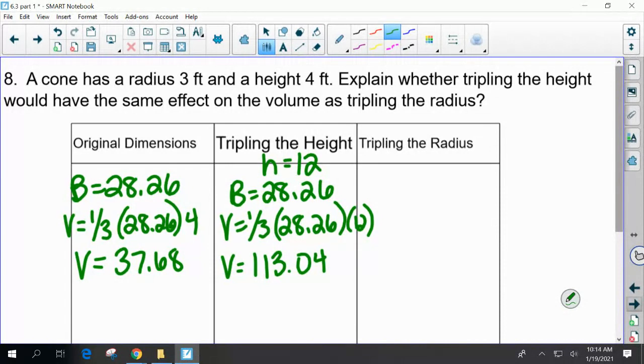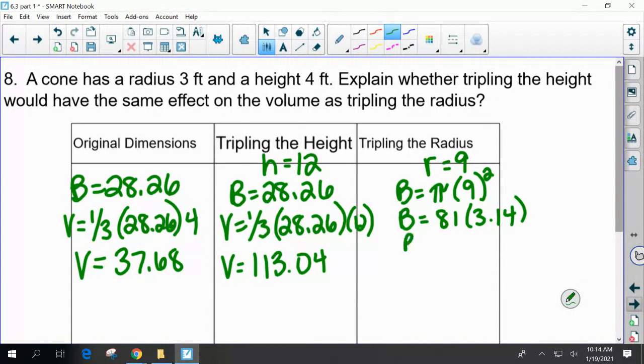So now let's look at tripling the radius. What's the new radius? 9. So capital B would equal pi times 9 squared. What is 9 squared? So 81 times 3.14. 254.34.